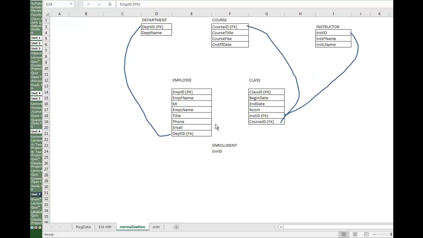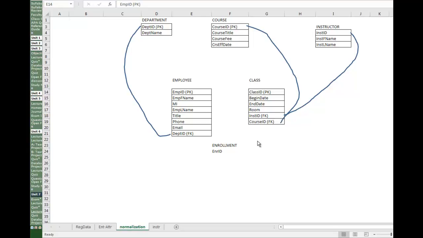As you can see here, I have rearranged my tables to make it a little bit clearer, hopefully. And to break the many-to-many relationship between employee and class, I have created a bridge table. This bridge table is a mechanism that allows you to create two separate one-to-many relationships.